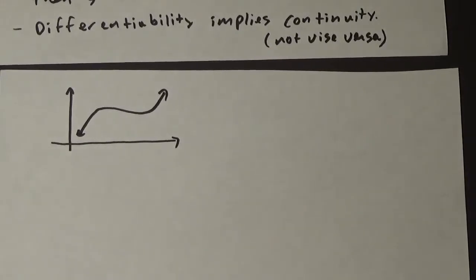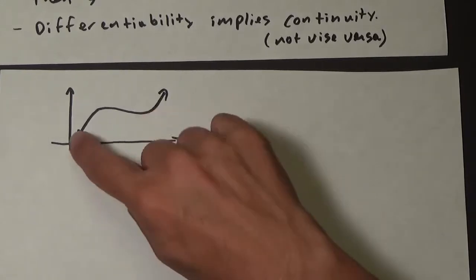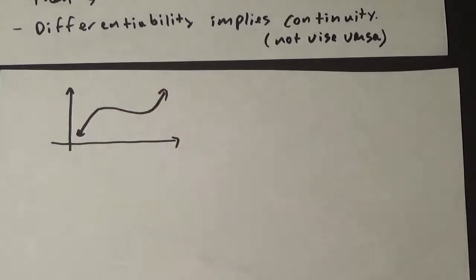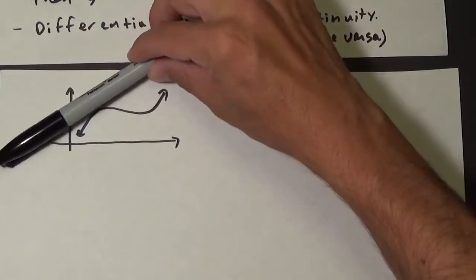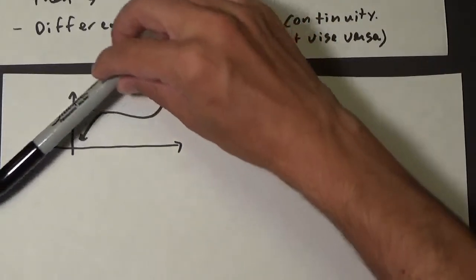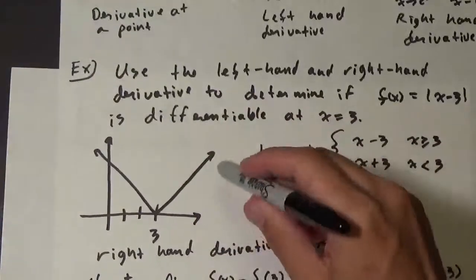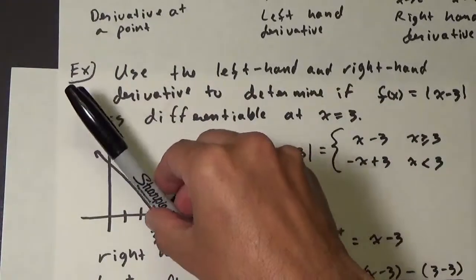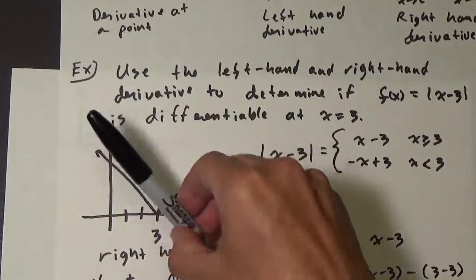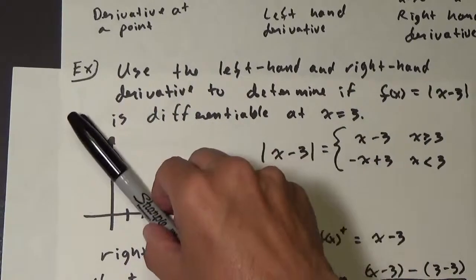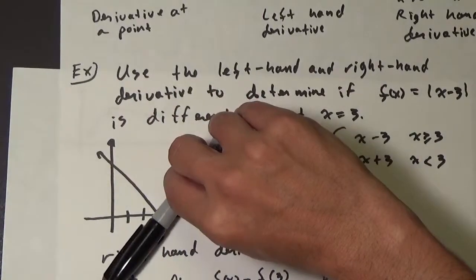And one way to tell whether a function is differentiable from a graph is whether or not it's smooth. Because if it's smooth, then you always have a point where the tangent lines are unique. So in this example back here, let me rephrase that. The reason this wasn't differentiable is because we had a tangent line with a certain slope, and then at the moment we got to x equals 3, it all of a sudden changed right away.